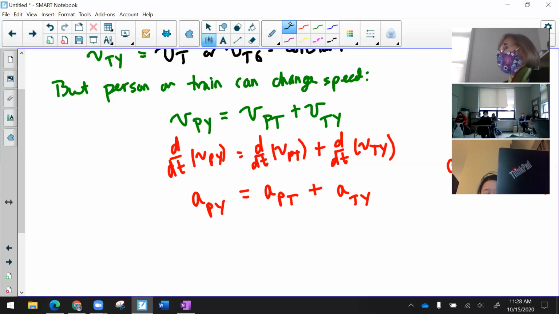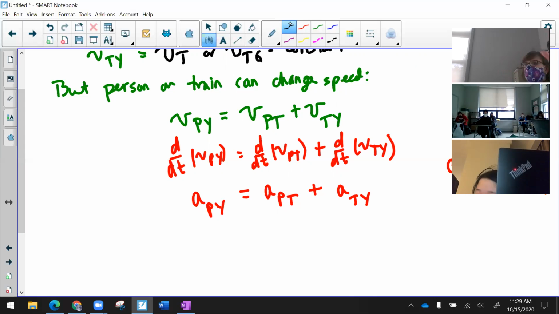But what do I know about that? No, it is in fact technically constant, but it's a very specific constant. It's 0, because does the velocity of the train with respect to you change? No. That is an assumption, a condition that we put on the physics that we are able to do because we can't do all the physics yet.